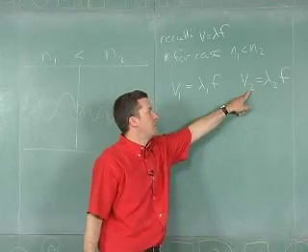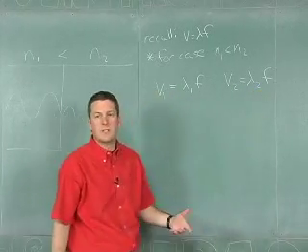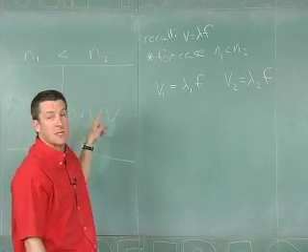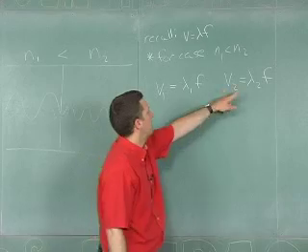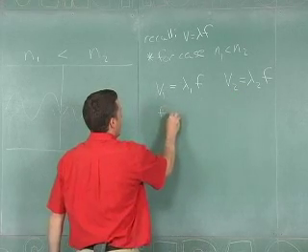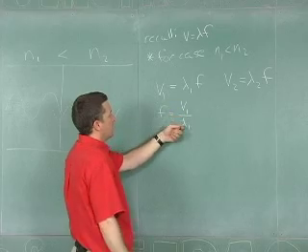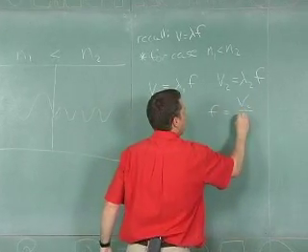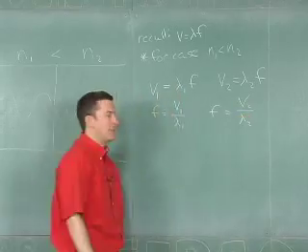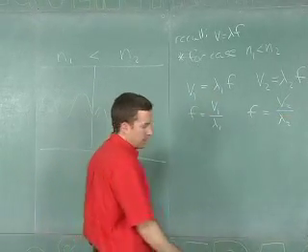Speed of light in medium 2, wavelength of light in medium 2, frequency. Now notice I didn't subscript the frequency because it is the same in both. Well, if the frequency is the same in both, then v1 is to lambda 1 as v2 is to lambda 2. And now we can set these two equal to each other.